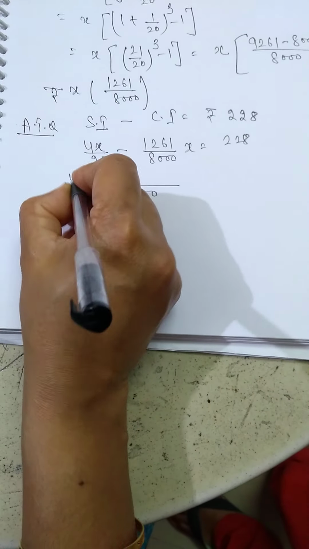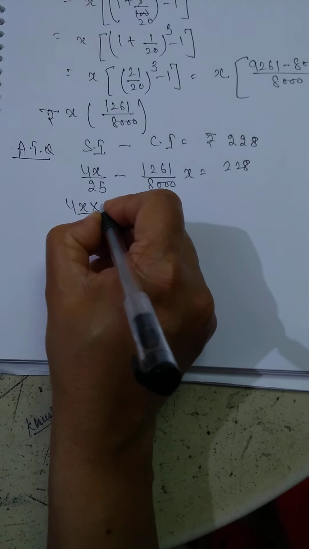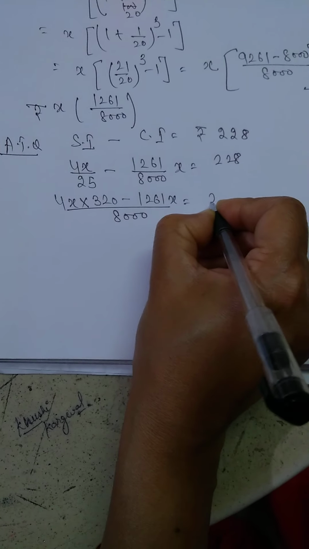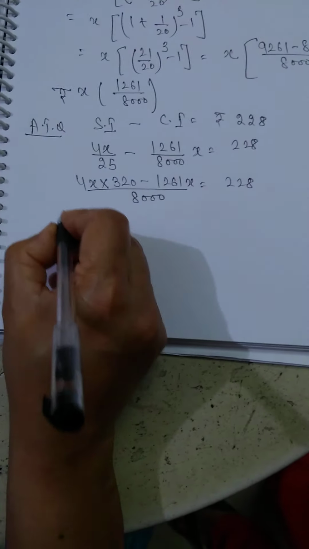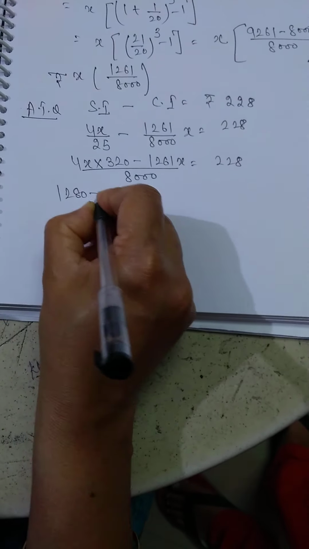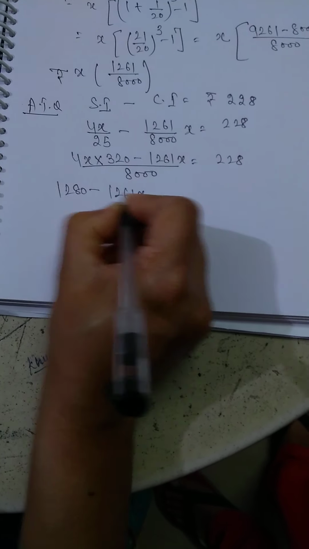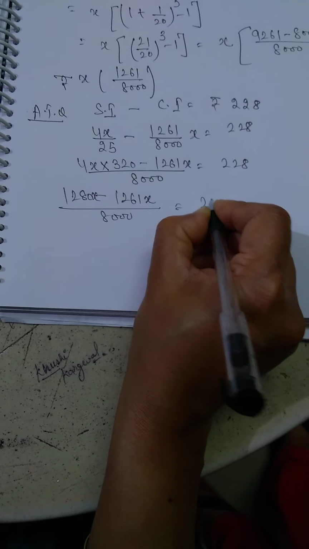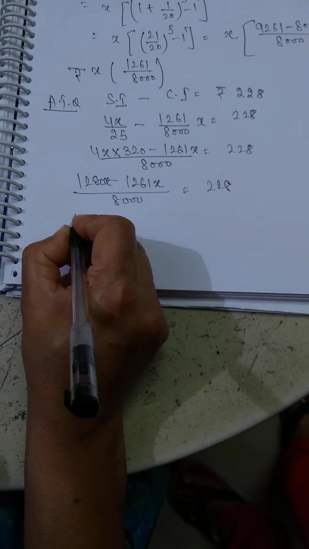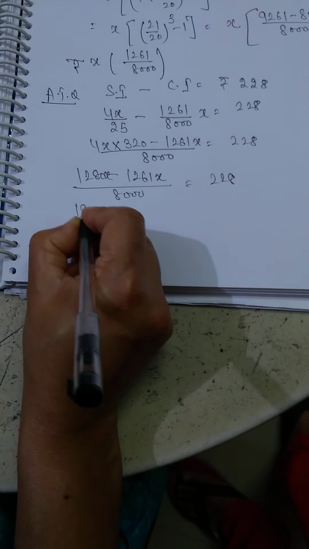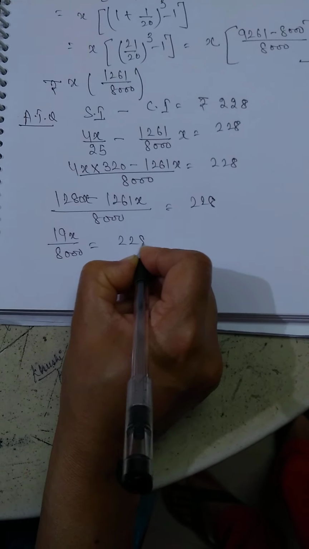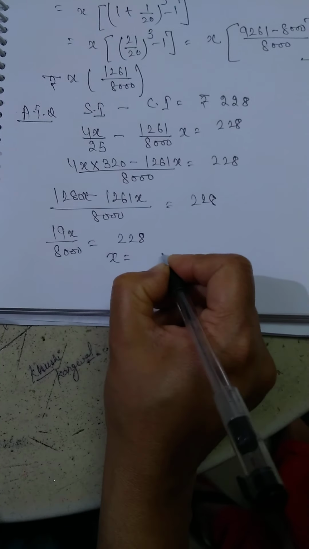8000, 4x into 320. Solve the values. Find out the value for x.